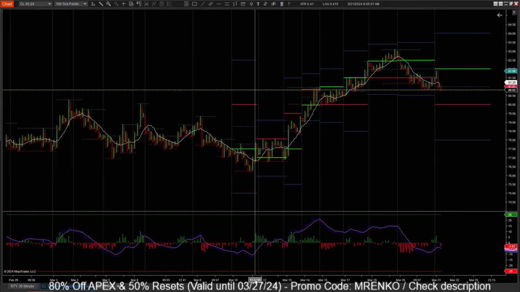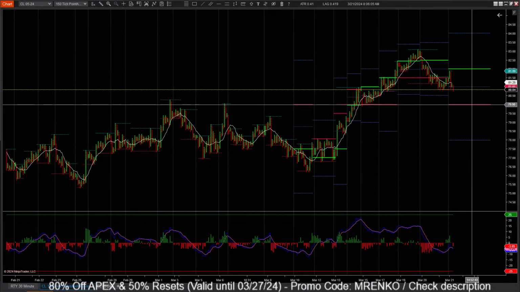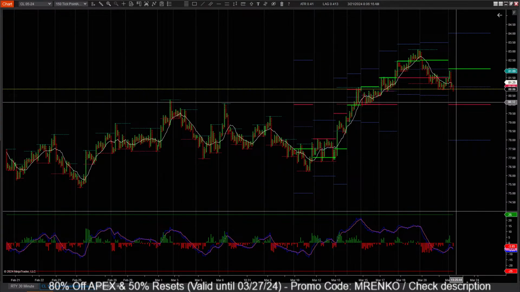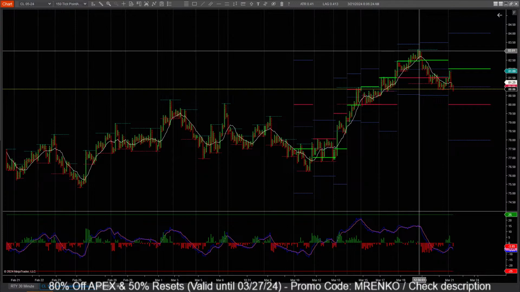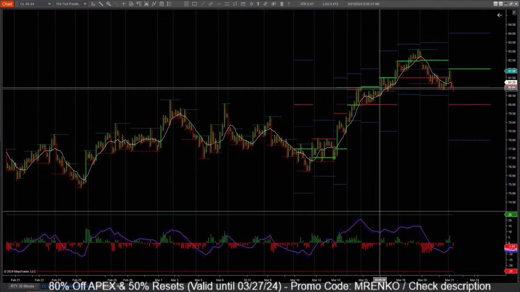And crude, I widened up this one a little bit because this one was crossing that 81 level price, and it's coming back down in a retracement here. So it's in a bull flag right now. It's been making higher highs and higher lows.